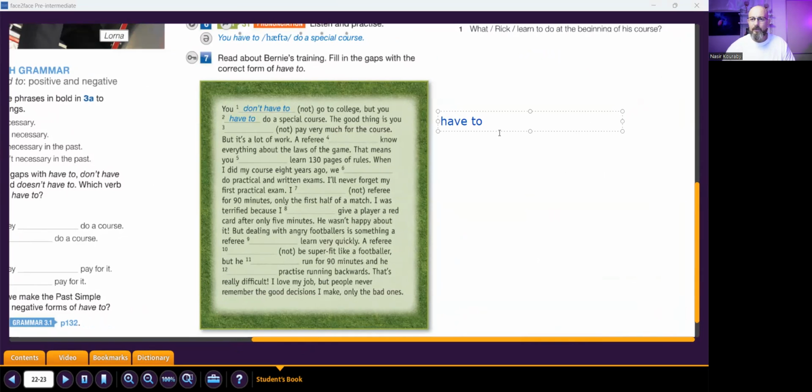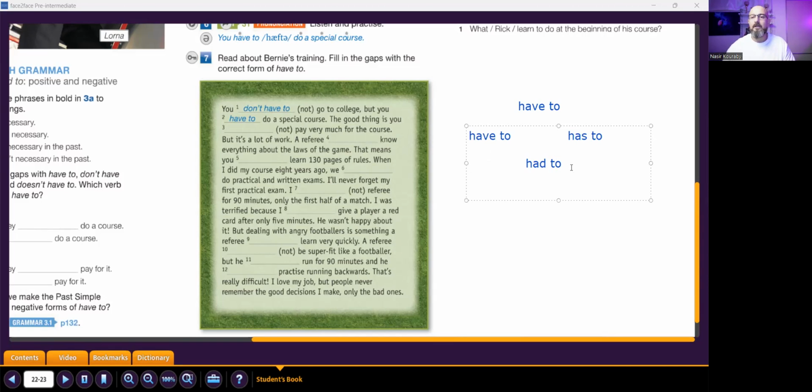And we said we have in the present have to and has to, and in the past had to, right? So all of these, they are the correct form of have to, in the positive. So have to, has to, had to, positive.